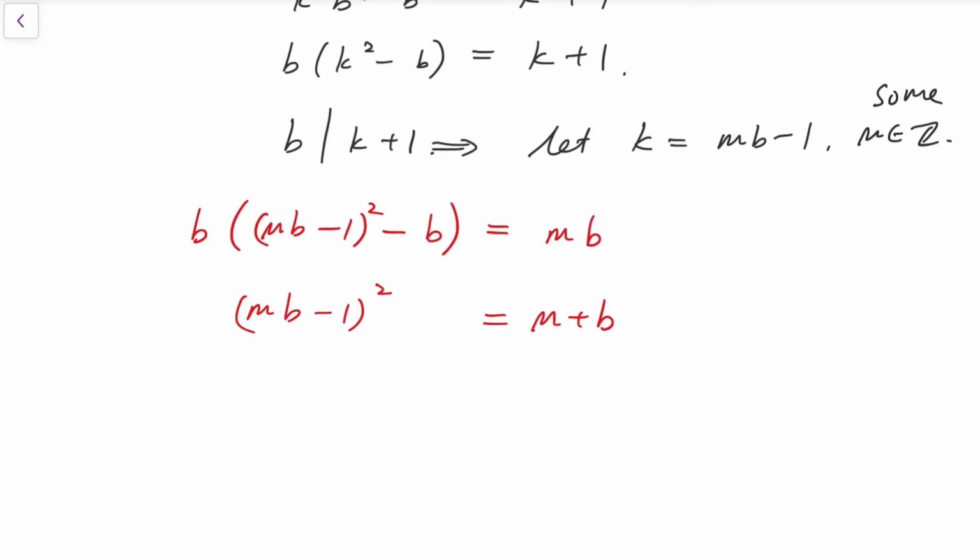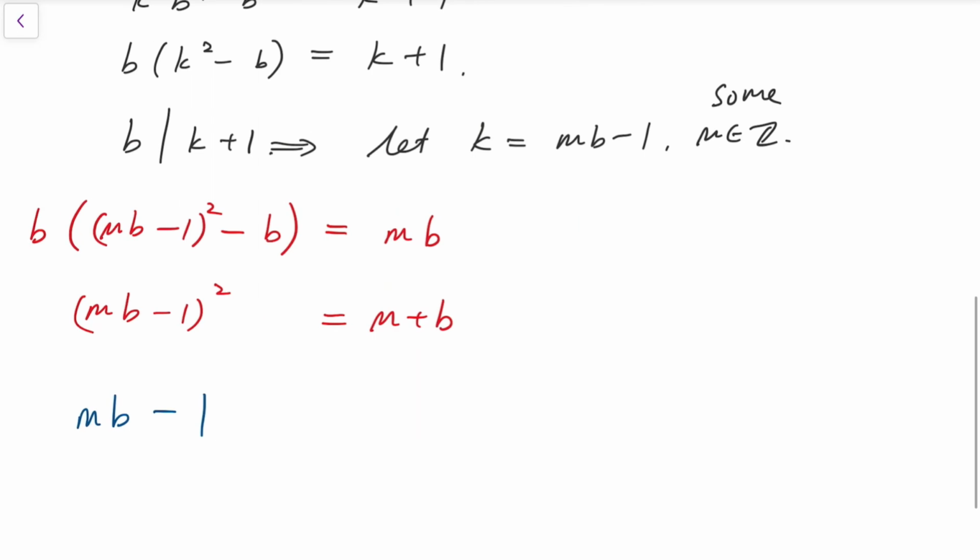Now I'm going to compare mb minus 1 all squared with mb minus 1. So I'm actually asking whether x squared is always larger than or equal to x, or whether it might sometimes be smaller. For this inequality, we try to solve it.